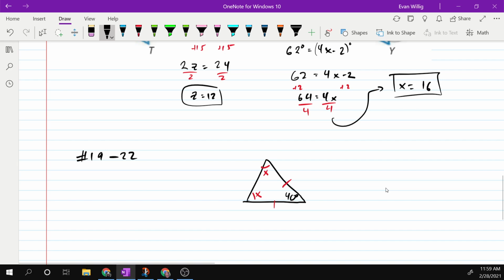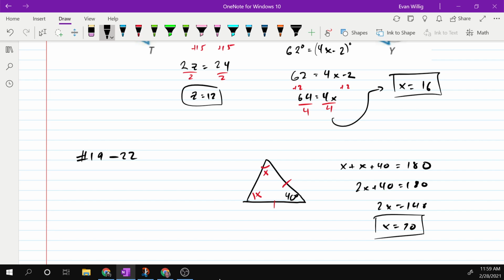So then we have a relationship here. Those 3 angles, x plus x plus 40, have to add up to be 180. So then I can have 2x plus 40 equals 180, subtract 40 from both sides, and divide both sides by 2, and you get x equals 70.